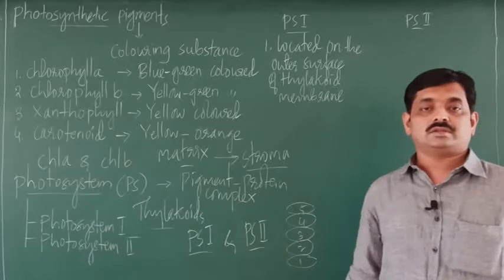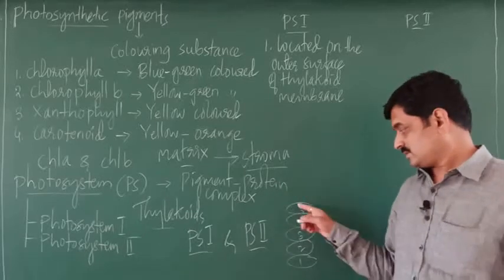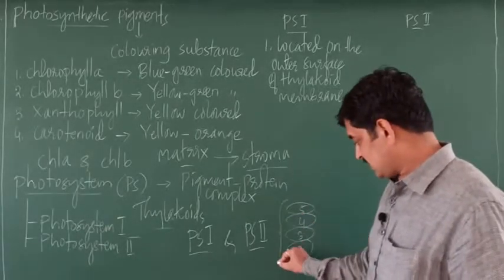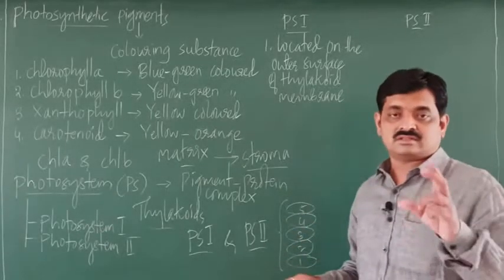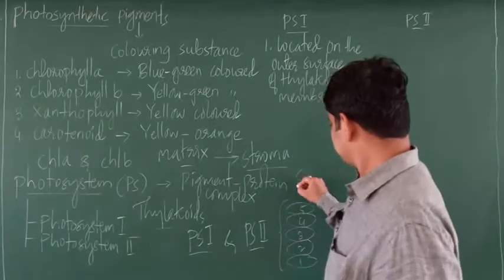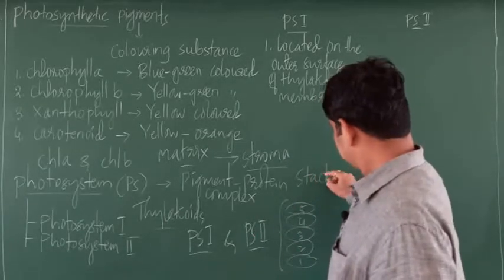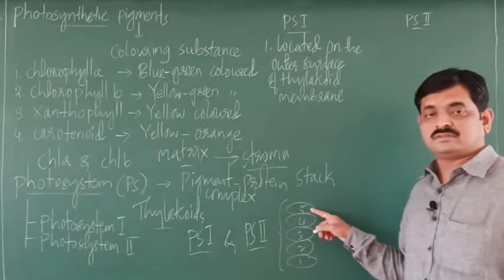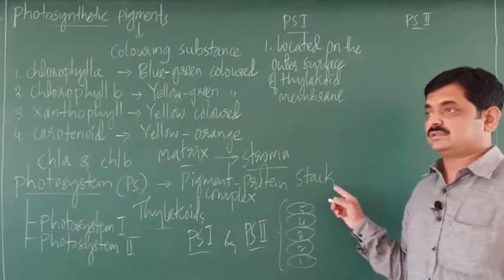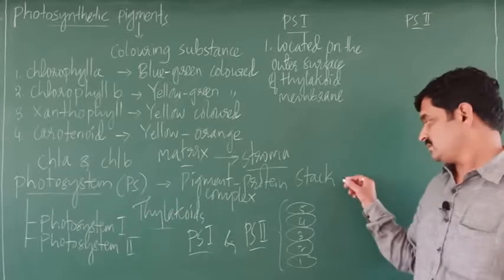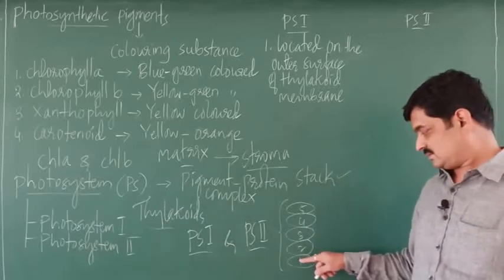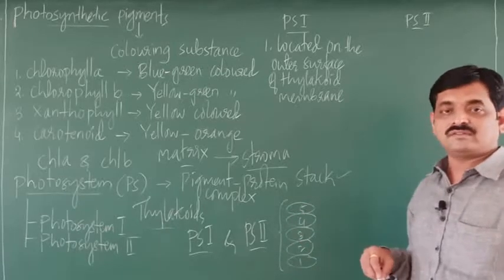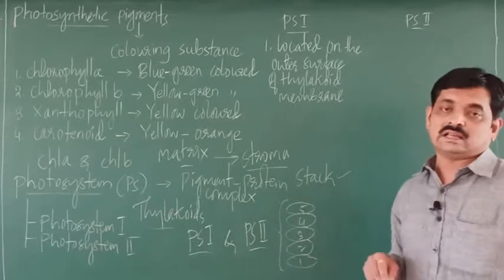So in the stroma of chloroplast, these thylakoids are located. So this is a stack, right? This arrangement of thylakoids is called a stack. They are arranged one above the other. So it is a stack of thylakoids.